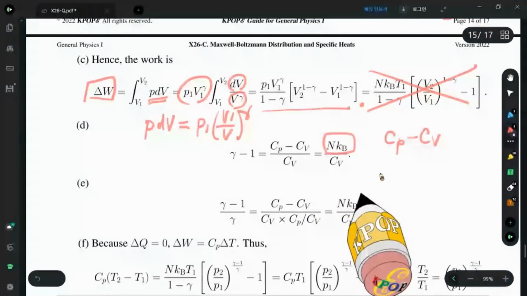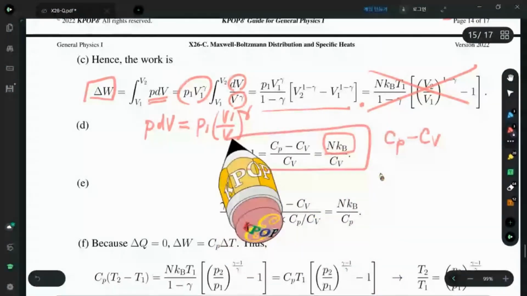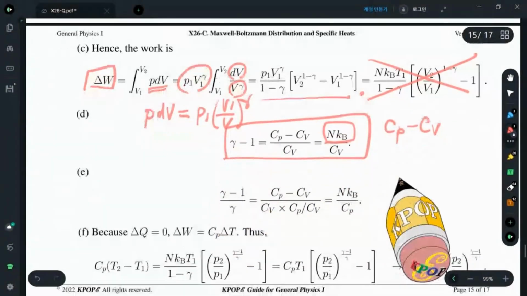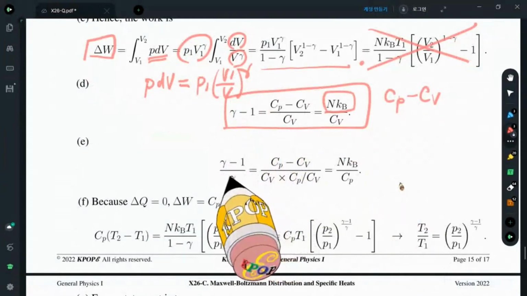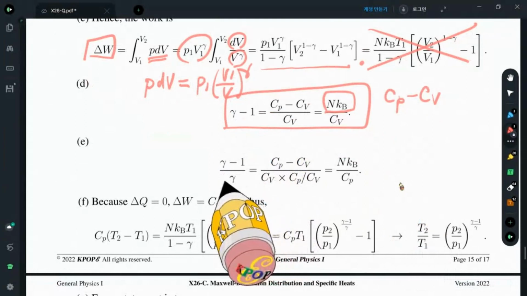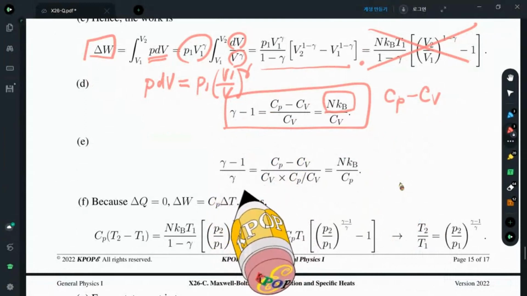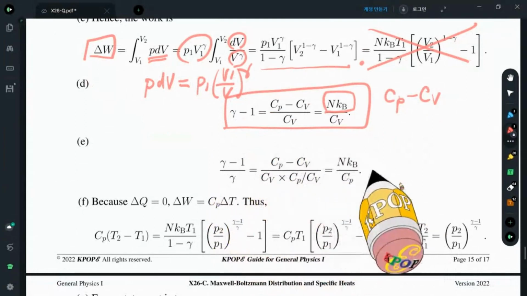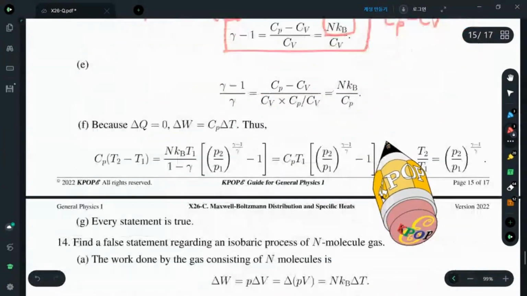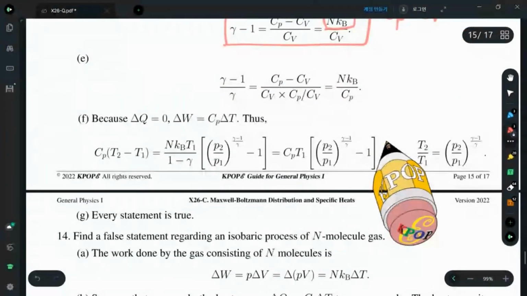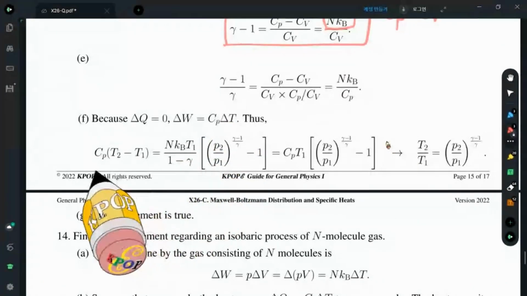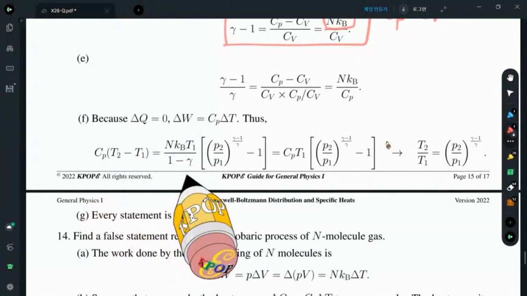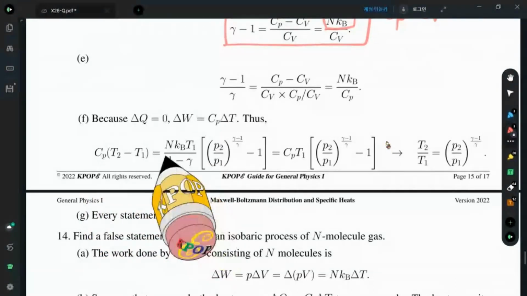That's quite important, so we have to memorize this. And for a more specific case, if you carry out a little algebra, then gamma minus 1 over gamma can be expressed in this one. That can be applied to compute this, and you can do this job.